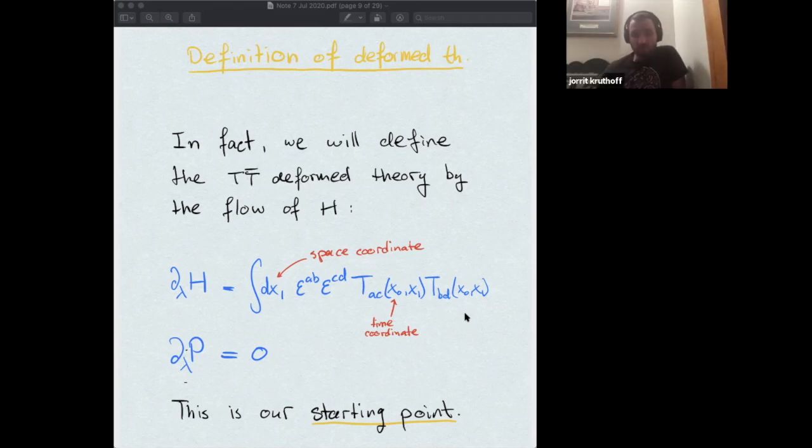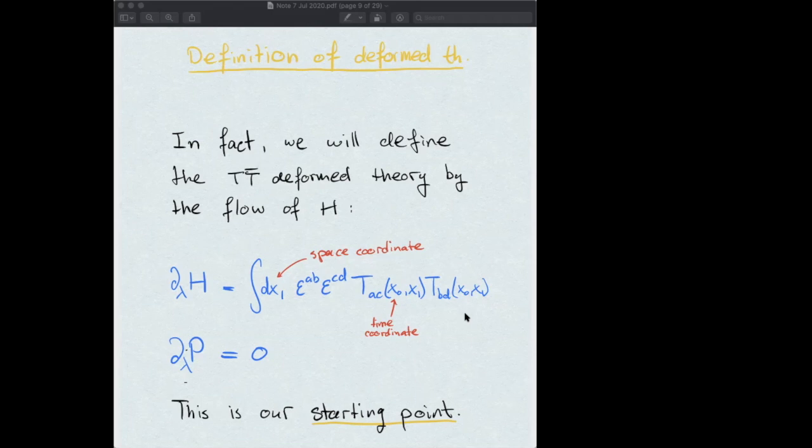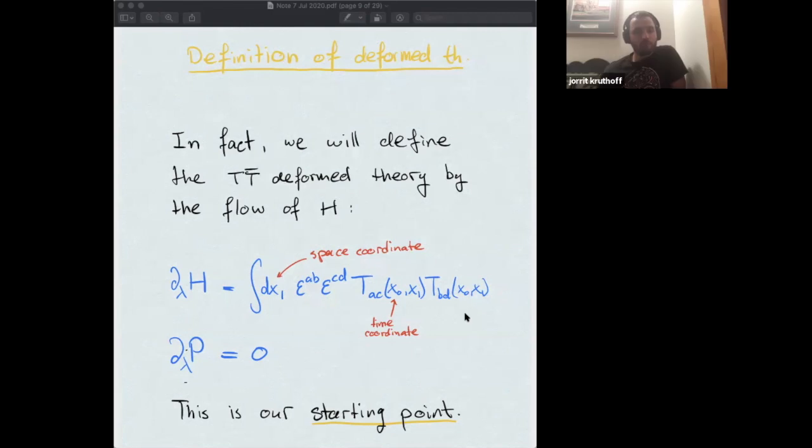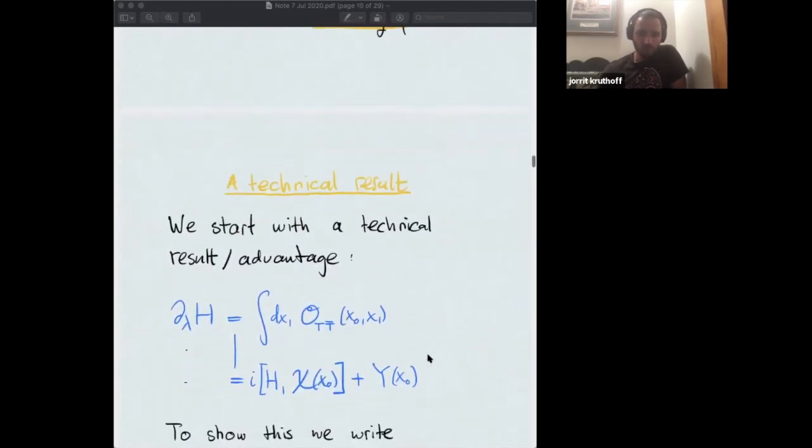That's right. Let me think about this a little bit. Is this Hamiltonian well defined or not? Well, I definitely think this Hamiltonian is well defined, partly because I can write down this identity, this relation. It tells me that the expectation value of the Hamiltonian in energy eigenstates is a well-defined object.